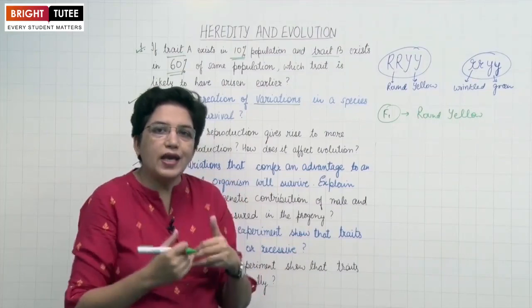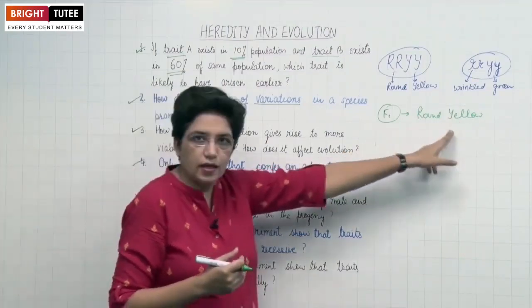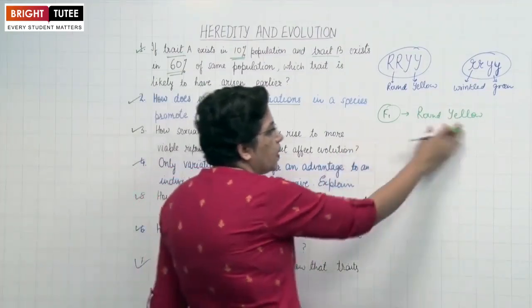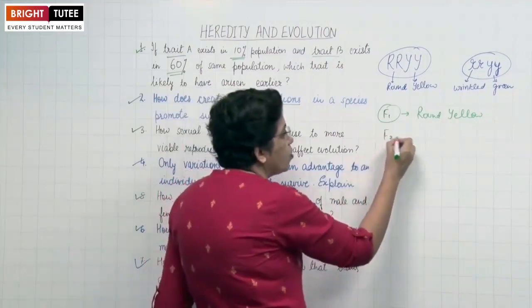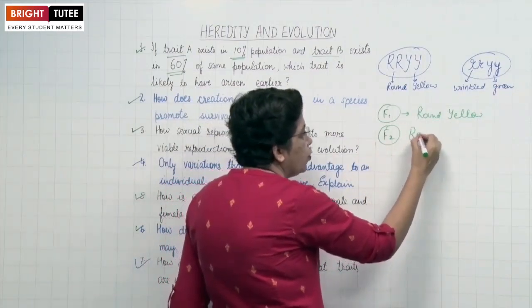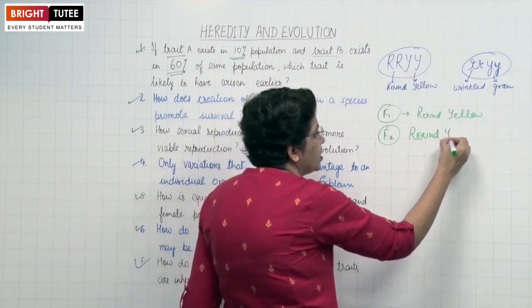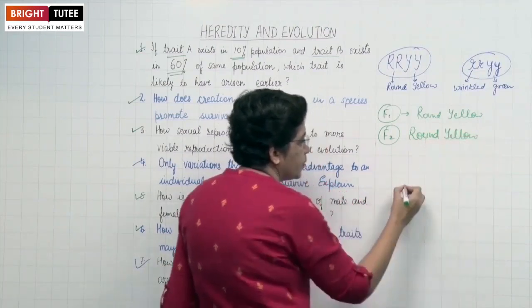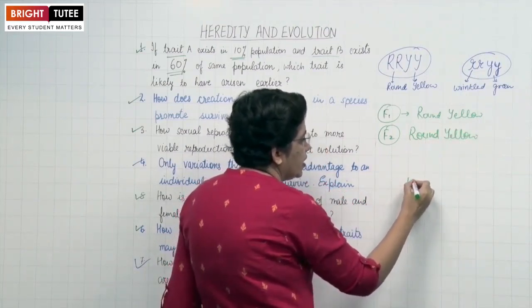But when again a hybrid cross was done between these two plants from the F1, what was found in F2? Four kinds of combination. One is round yellow, as expected. Another was wrinkled green.